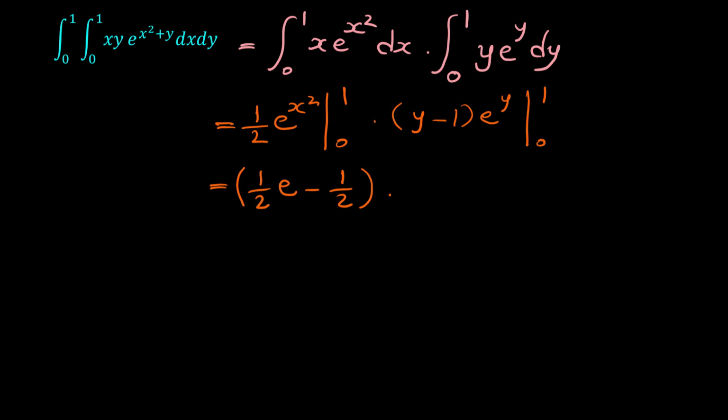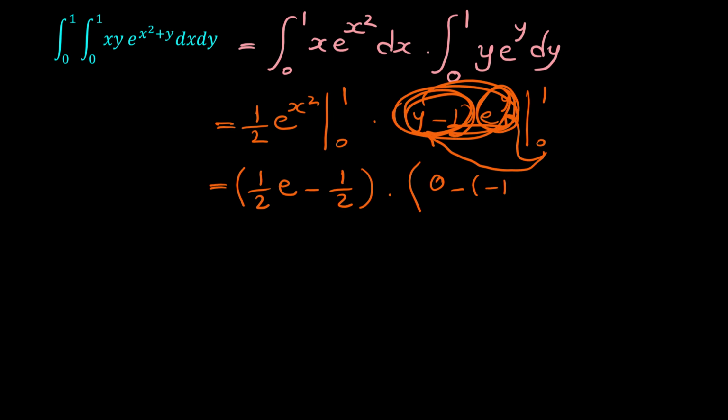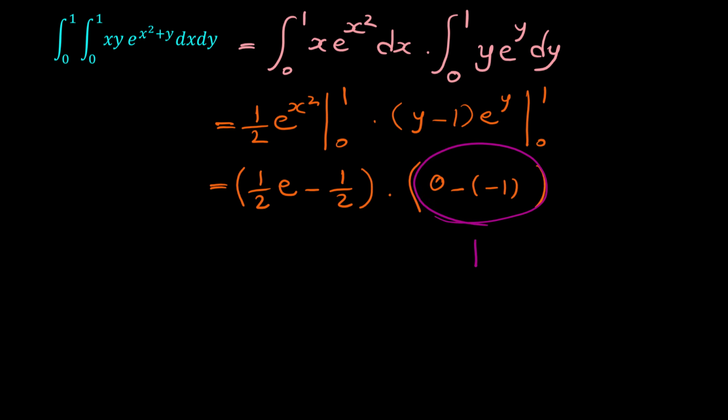Now we have to plug in 0 for y. 0 minus 1 is -1, e to the 0 is 1, so all of this is -1. And so this second bracket is 1.